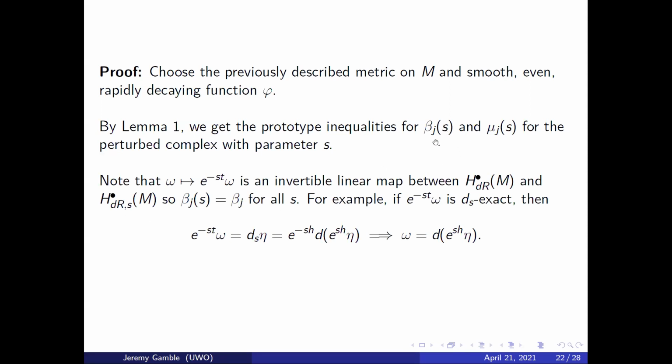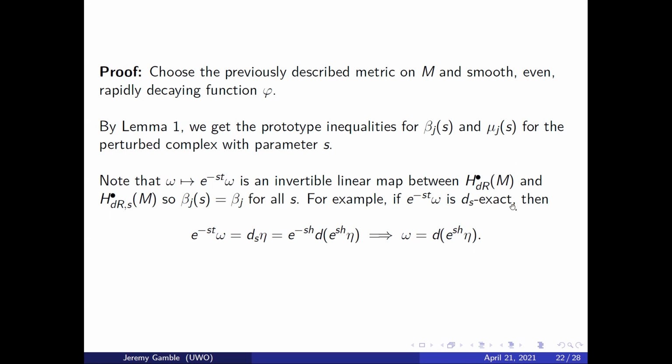So one thing you can see right away is that beta doesn't depend on s at all. You can just use this map to go between the regular deRham cohomology and the deRham cohomology depending on h and s. And it's not very hard to see that it's an isomorphism, which means that these numbers are the same. This is just one chunk of it.